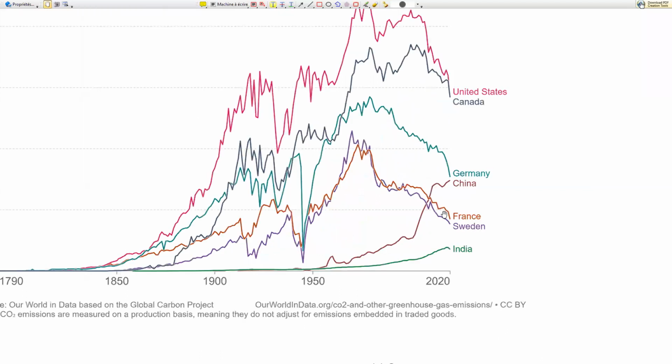So I'm just going to zoom in a bit. Yeah, so France and Sweden are doing almost the same, but Germany is much worse. So somebody knows what's going on in Germany? In recent years, they installed a lot of solar power.